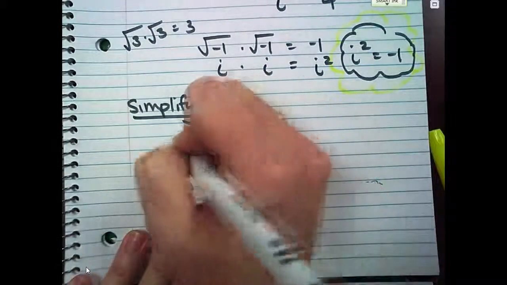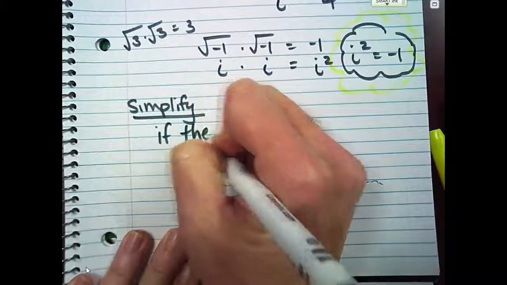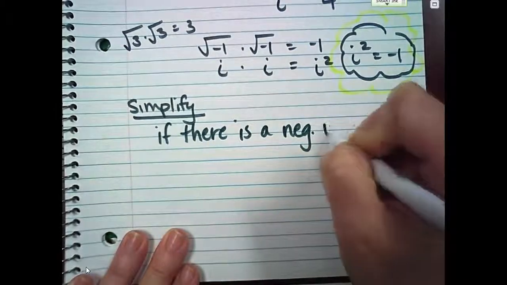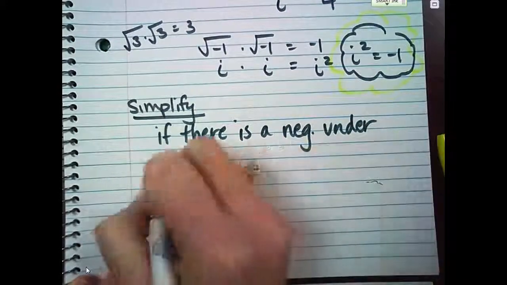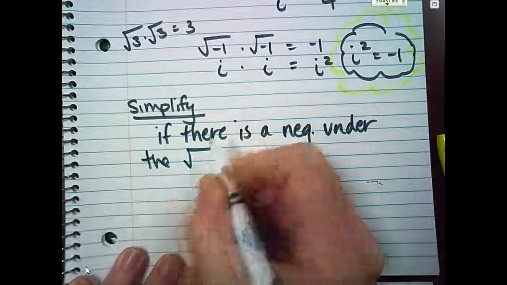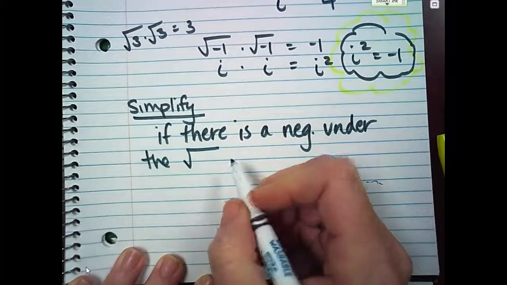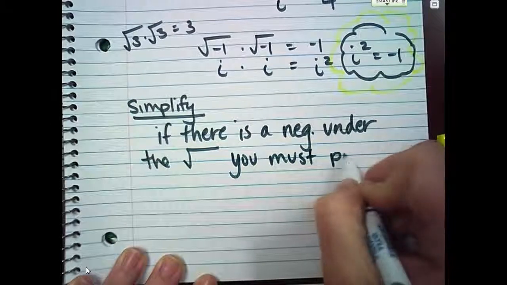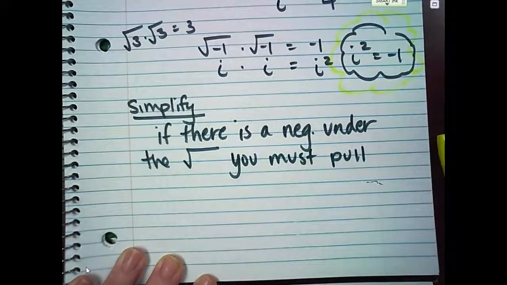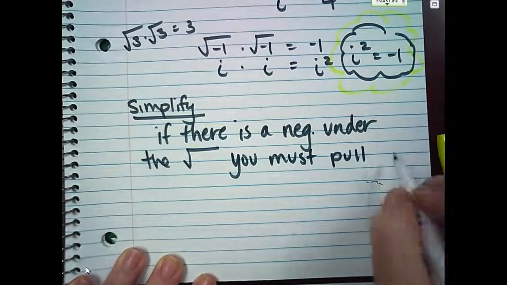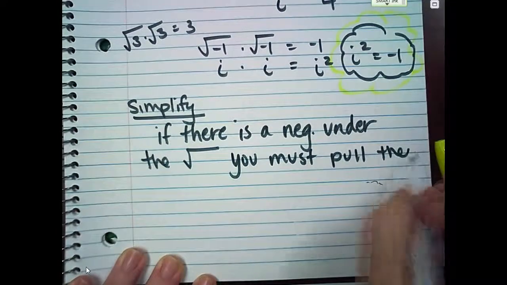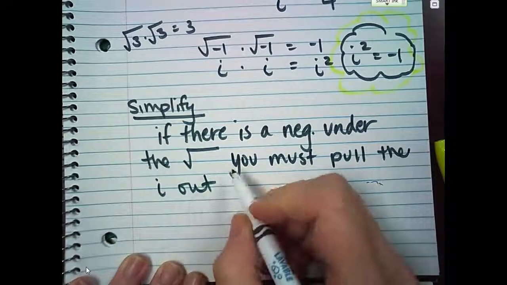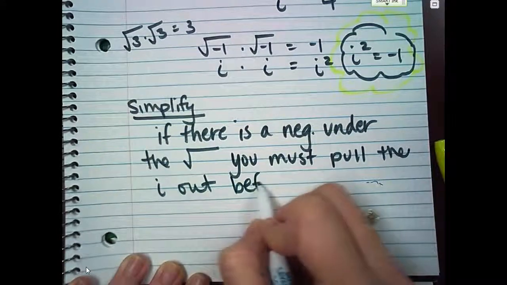If there's a negative under the radical, you must pull the I out before you do anything else.